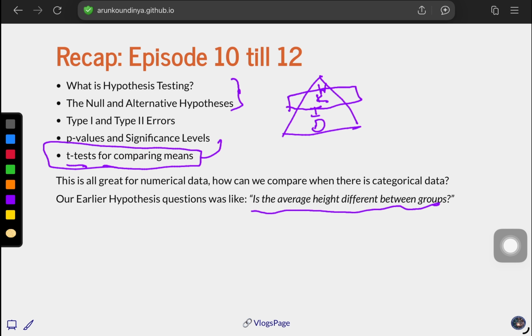And then accordingly, the p-values and significance levels, by default 95%, 90%, alpha value equal to 0.05, which is the significance level that we have seen, to arrive at whether we can reject the null hypothesis, or whether the current data has no evidence to reject the null hypothesis. This is what we have seen so far in episodes 10 to 12.